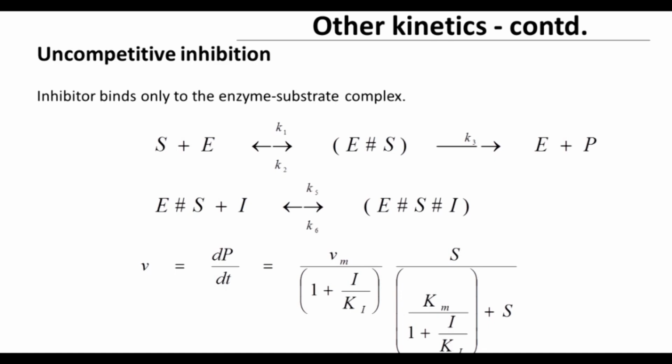Okay. So these are the three kinds of other kinetics that we will look at in this course. To better understand these types of kinetics, let us do a problem. And of course, there are other types of kinetics also, but we will not look at that in this course.